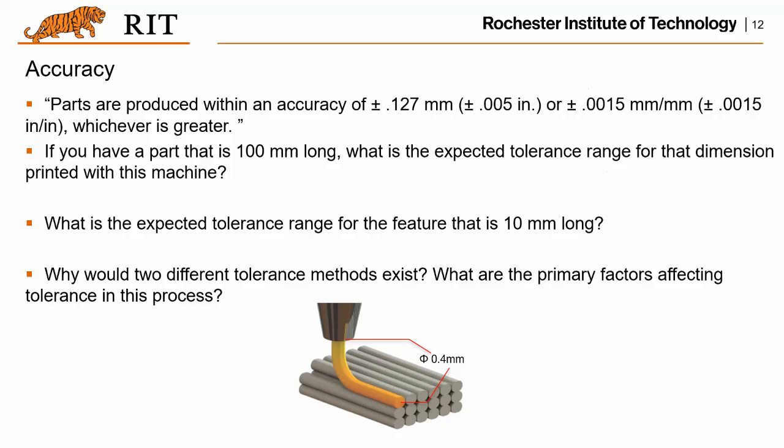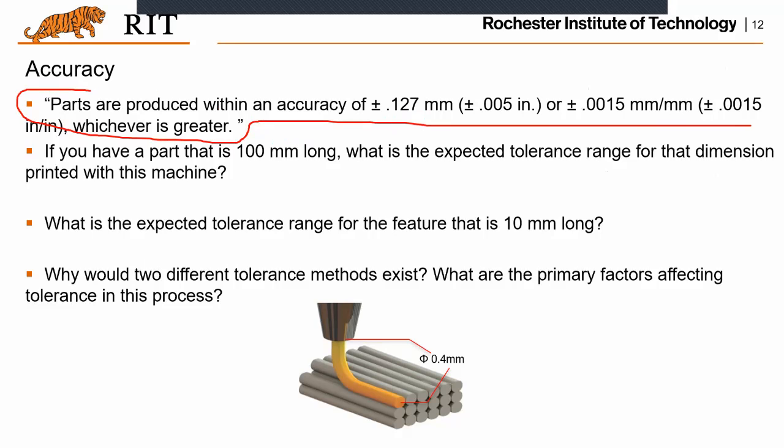If we look at those menus for printers, you will always see two sets of numbers. For example, let's say we have some description in the menu like this. The parts are produced within an accuracy of positive negative 0.127 millimeter or positive negative 0.0015 millimeter per millimeter, whichever is greater.